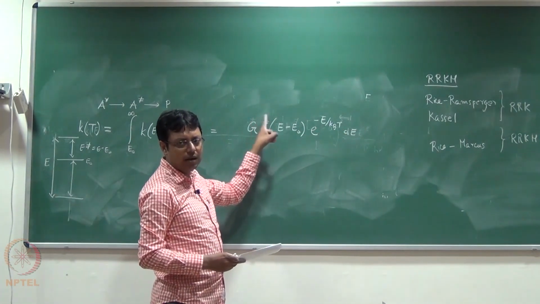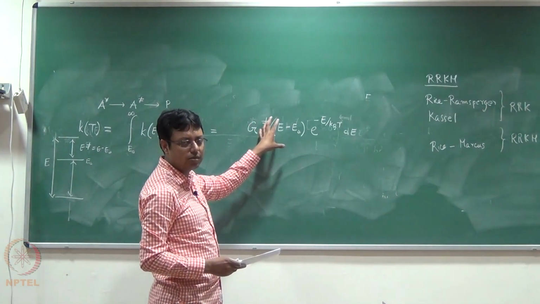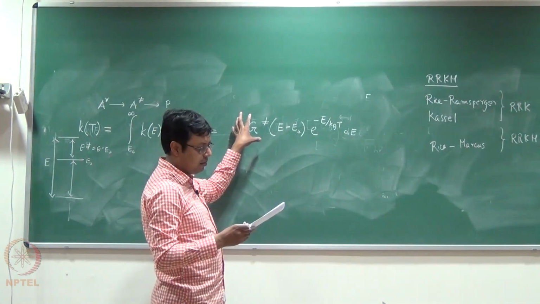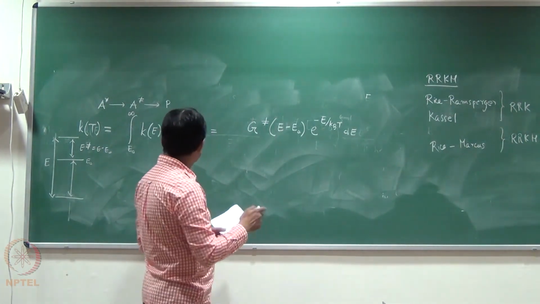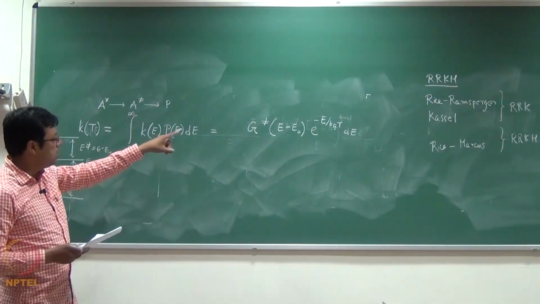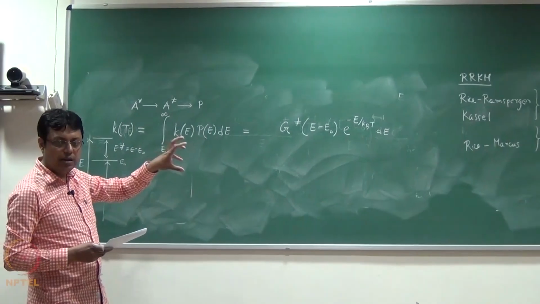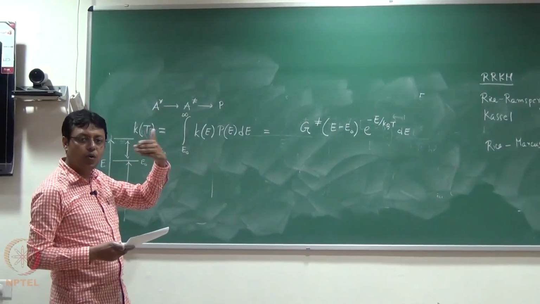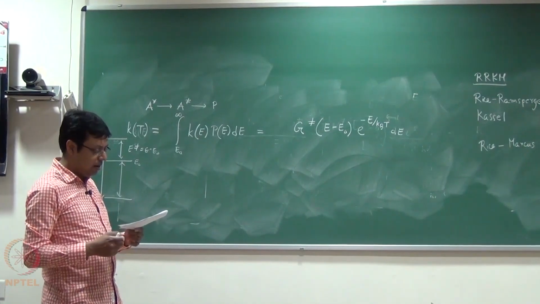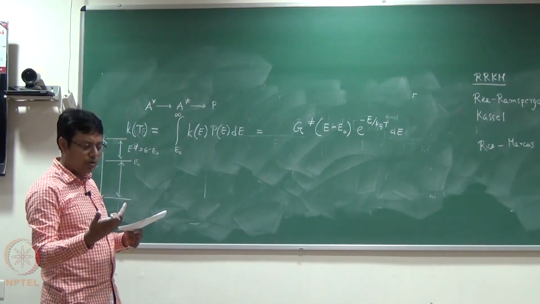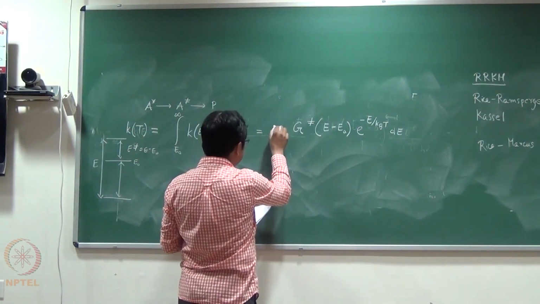Basically the partition function, but right now we are following the density of states, basically this G dagger. And what was our K expression? Remember, we had G dagger divided by hN, right? What was N? N is basically the total number of states. Now, if you remember, the density of states, basically, that thing you can always write.